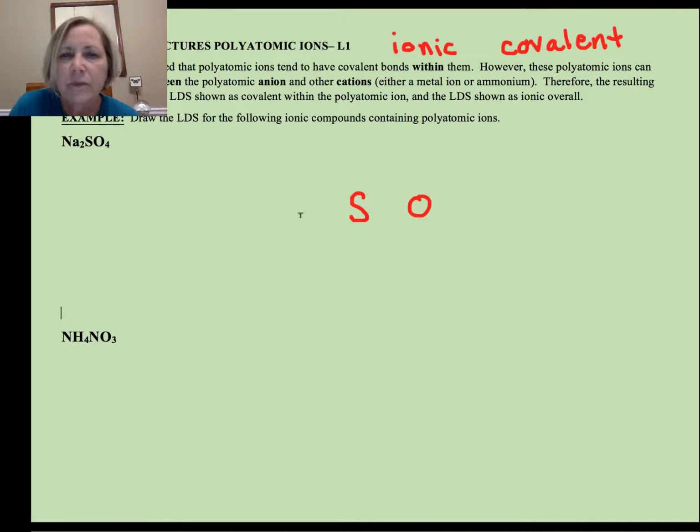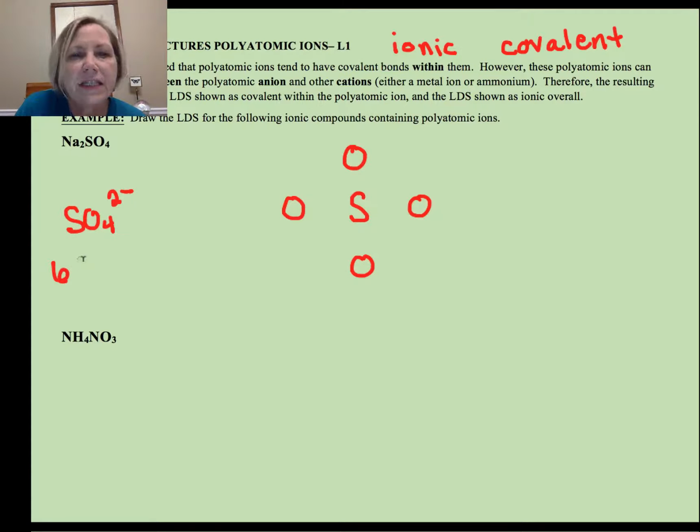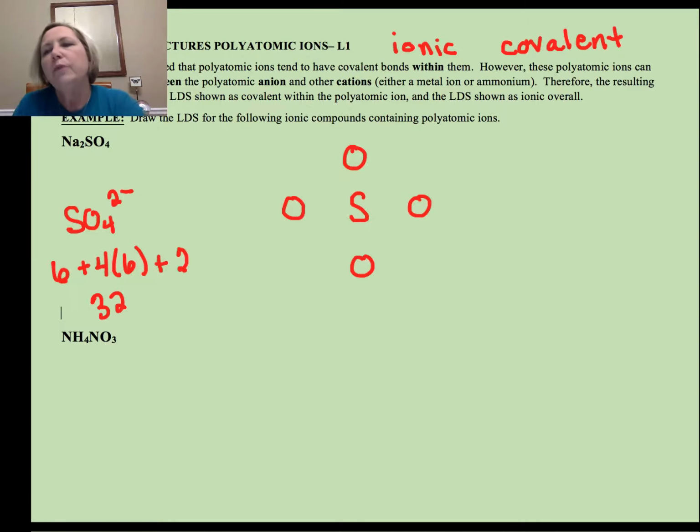Sulfate has 4 oxygens around it. And let's talk just about the SO4 2- ion. So I have 6 valence electrons plus 4 times 6, and then that extra 2 that came from the sodium ions. So that's 24, 32 electrons. Now, I'm going to go based upon what we would predict.